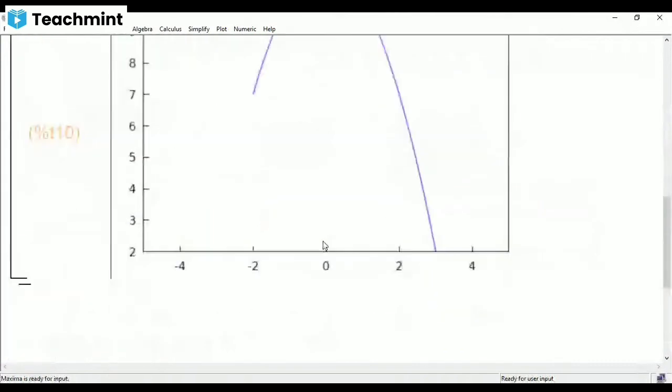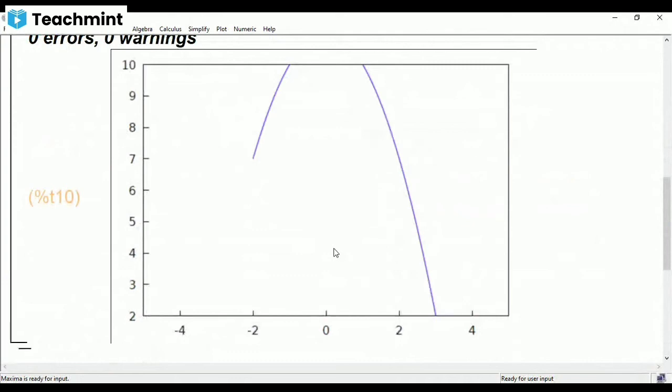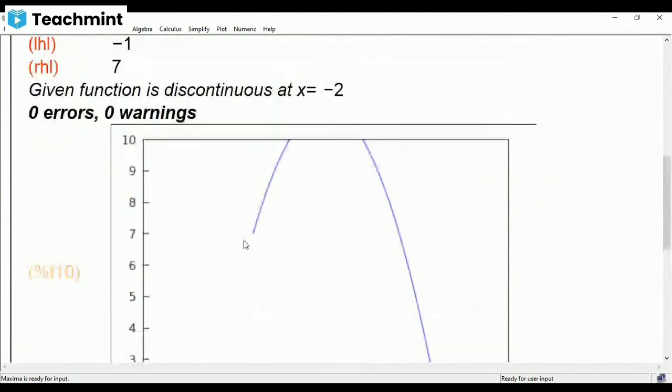See? This is your graph. But let us see what range they have given. In the first example, what was our range?